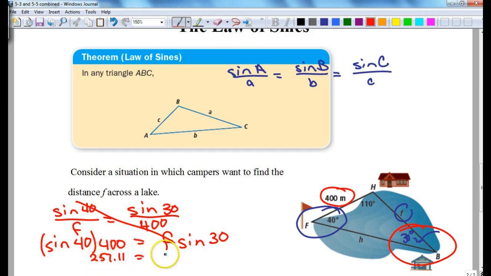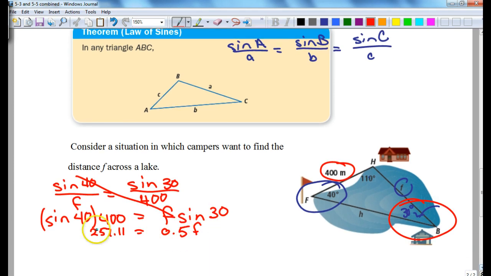And this side ends up being 0.5 F. How do I solve for F? Divide them both by 0.5. And then you end up with 514.2 equals F.